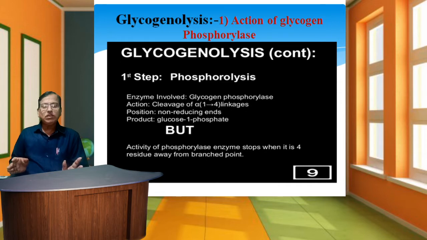The glycogen so formed is known as limit dextrin, which cannot be further degraded by phosphorylase. Glycogen phosphorylase possesses a molecule of pyridoxal phosphate covalently bound to the enzyme.